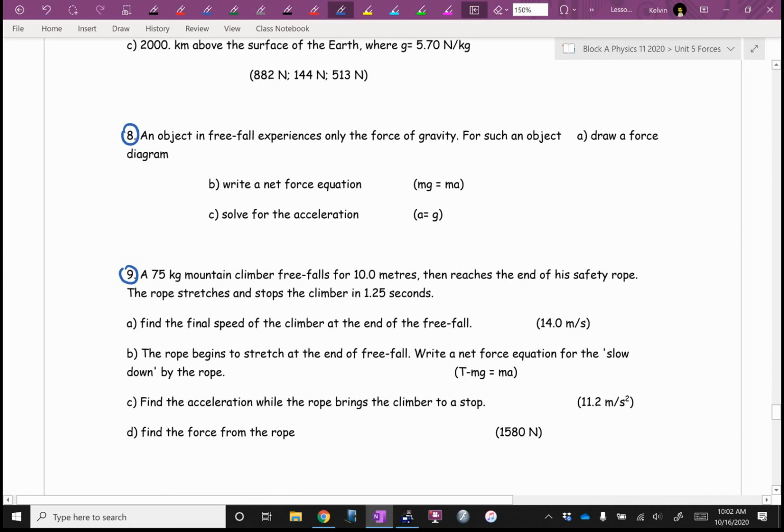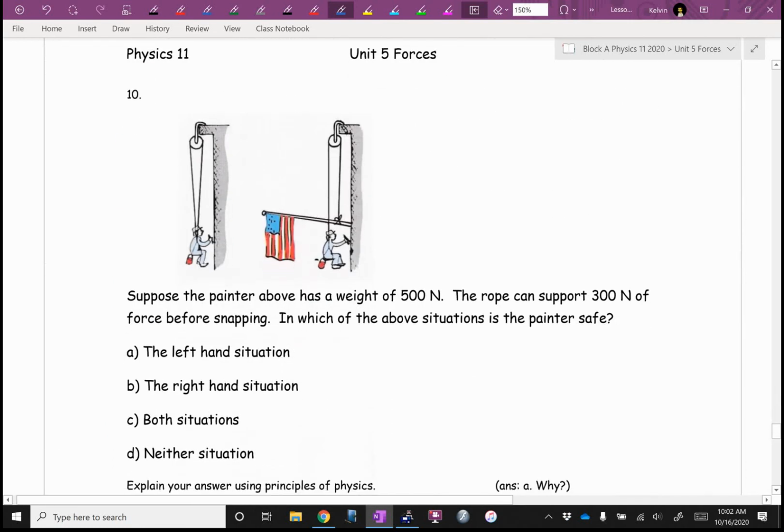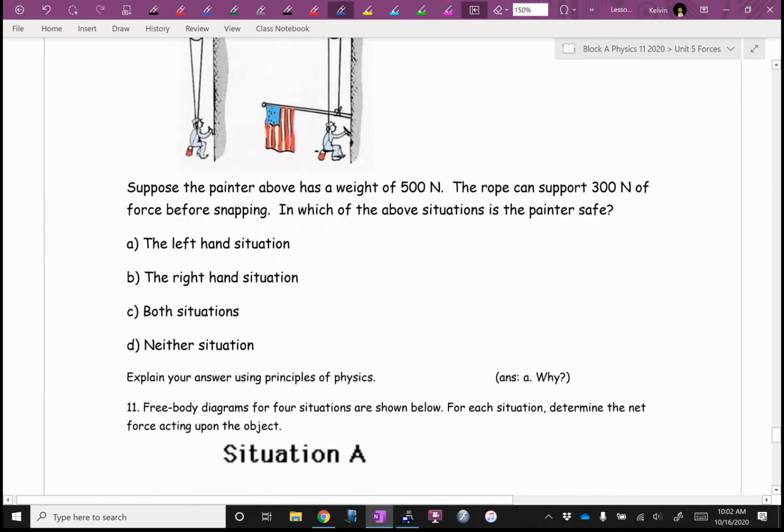Your hint is you don't need to use a free body diagram until D. You can solve everything else with kinematics. 10 is good.